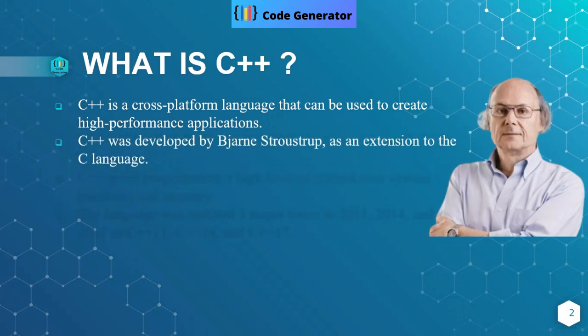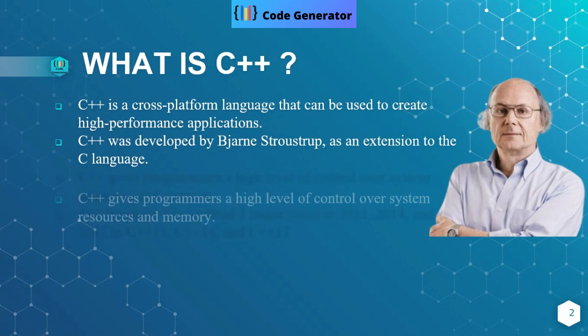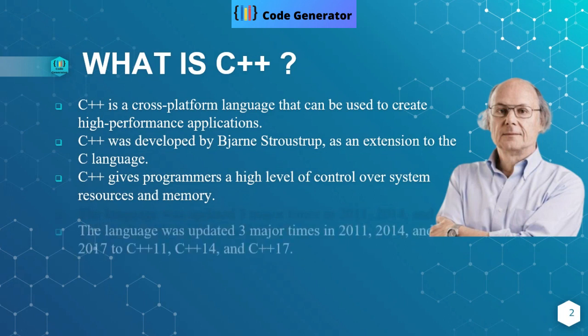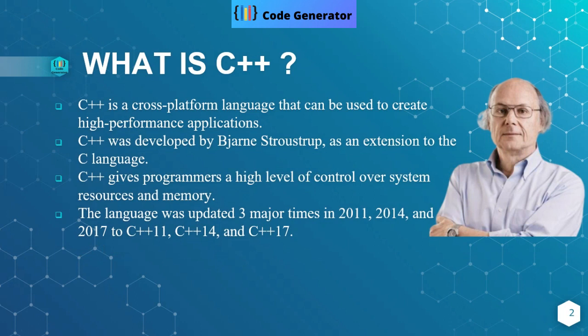C++ was developed by Bjarne Stroustrup as an extension to the C language. C++ gives programmers a high level of control over system resources and memory. The language was updated three major times in 2011, 2014 and 2017 to C++11, C++14 and C++17.